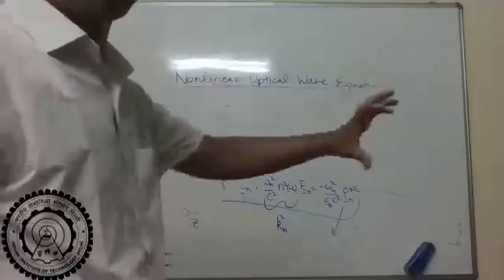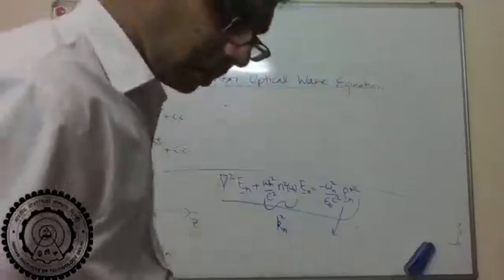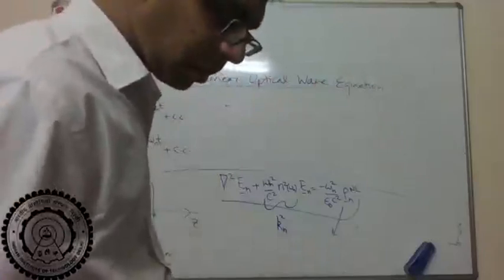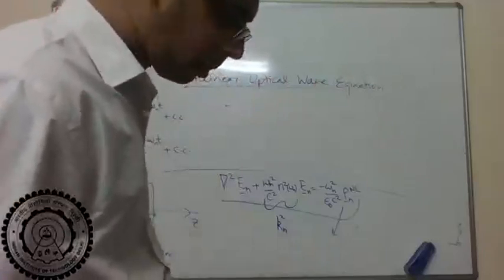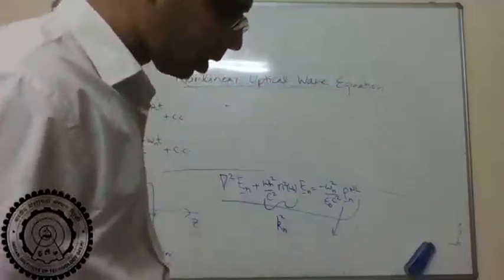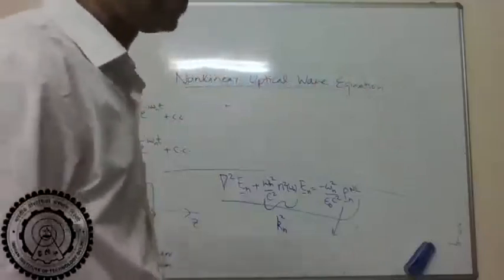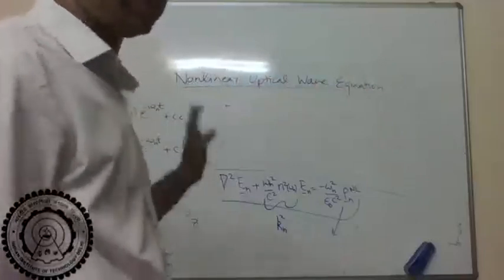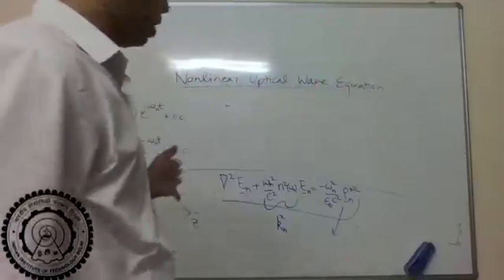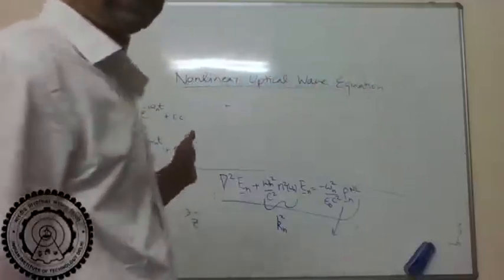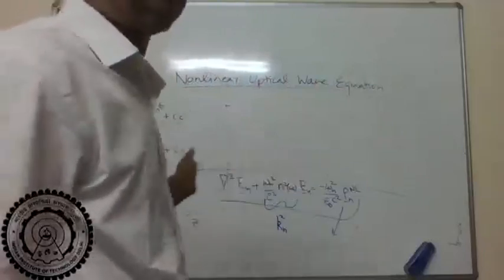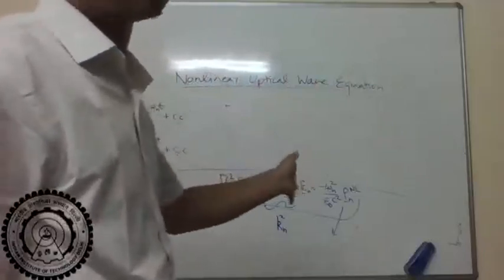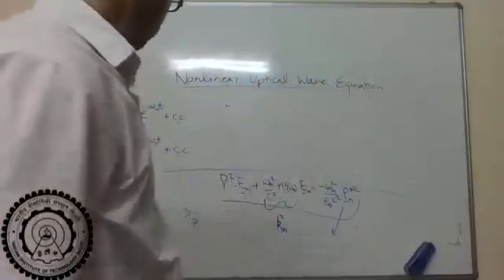Sir, does it really happen in experiment that the transverse modes do not change? Yeah. So what we are doing is sort of a modal analysis, right? We are looking at how much energy is in this particular transverse component.